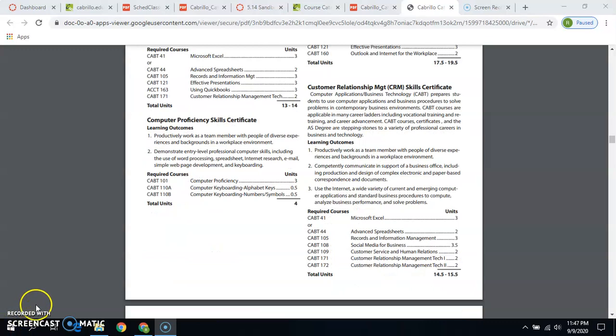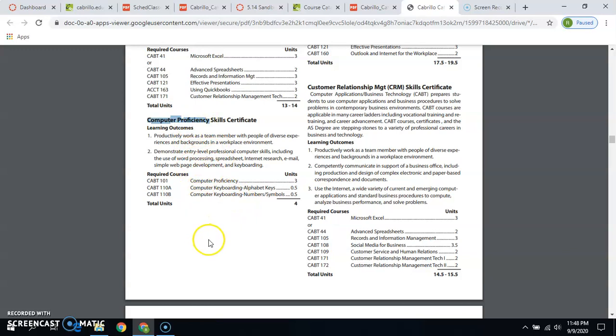For those of you that are wondering, what is the smallest certificate Cabrillo offers? Well, here's your answer. Cabrillo's smallest certificate is a skill certificate in computer proficiency, and it falls under the CABIT major, Computer Applications and Business Technology.